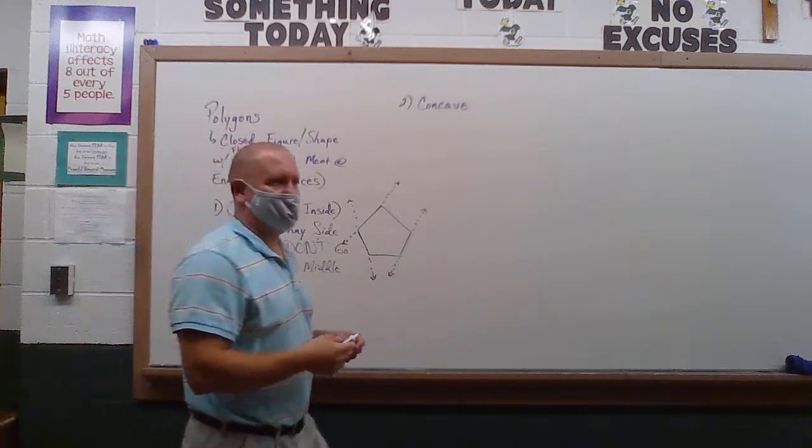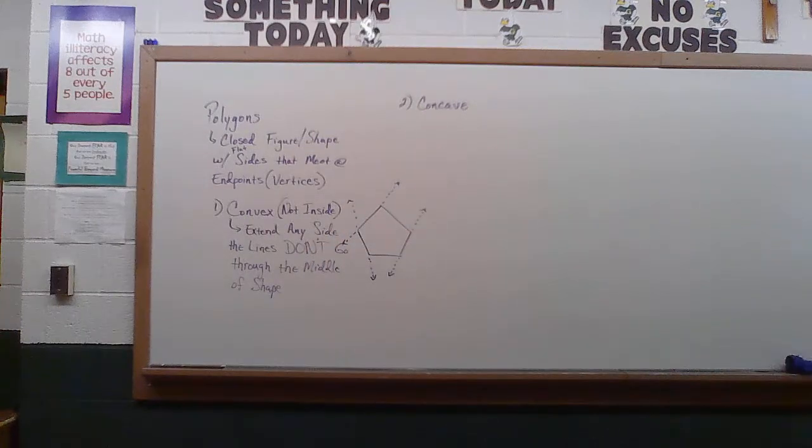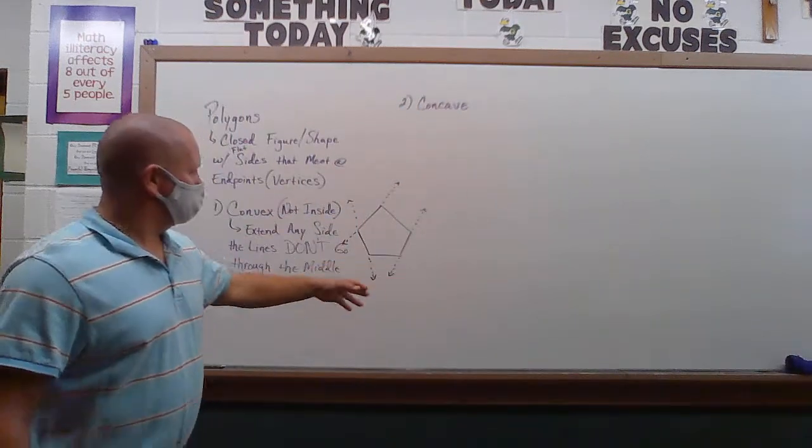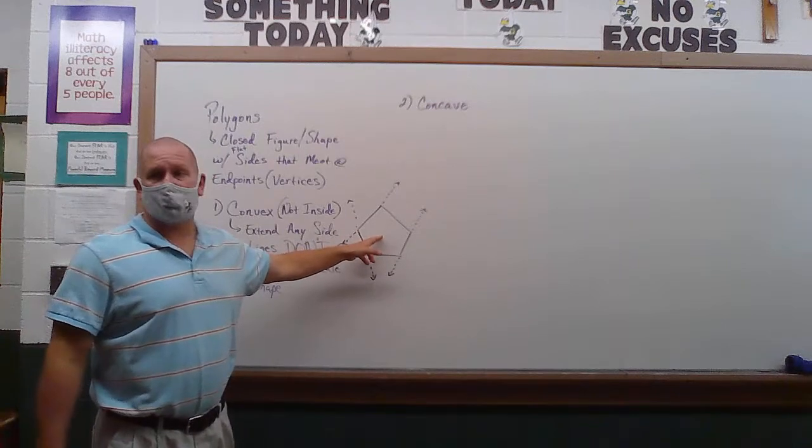So then concave would be just the opposite, right? So if we came back to this little example right here, and we went to these polygons right here, would you say these would be concave or convex? Well, the top left-hand one is our pentagon again, so we already talked about that.